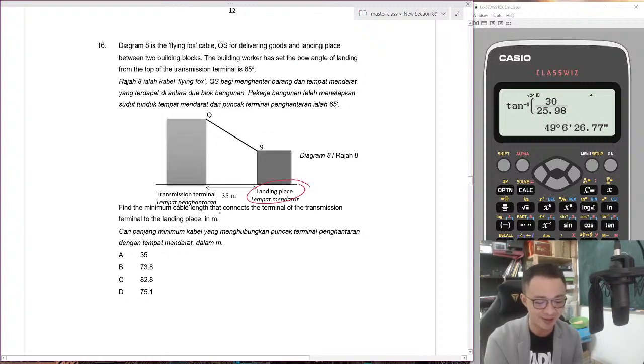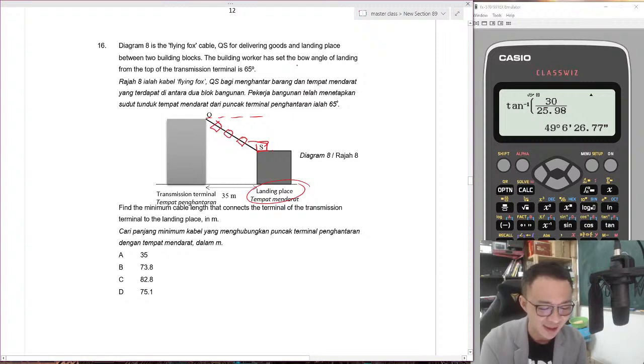So they tell you this is a landing place. I believe you should have some goods here, and then these goods are going to use this cable, and at the end it's going to land here, I guess. Alright, so between two building blocks, the building worker has set the bow angle.